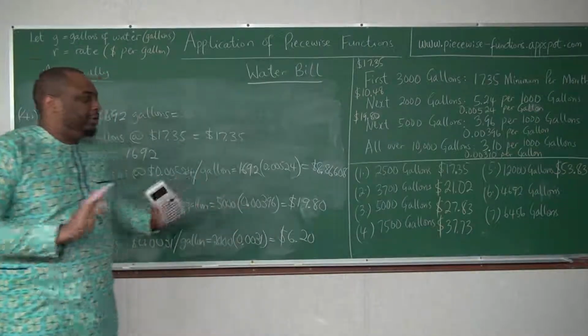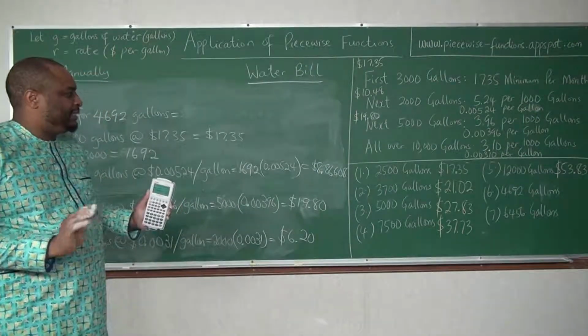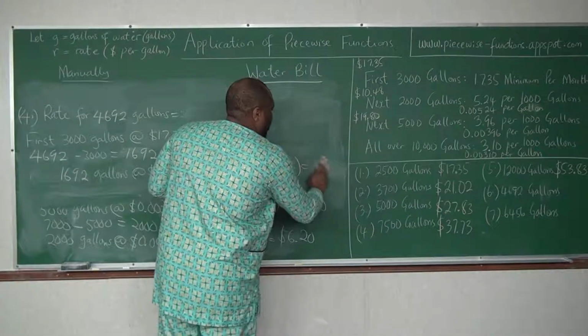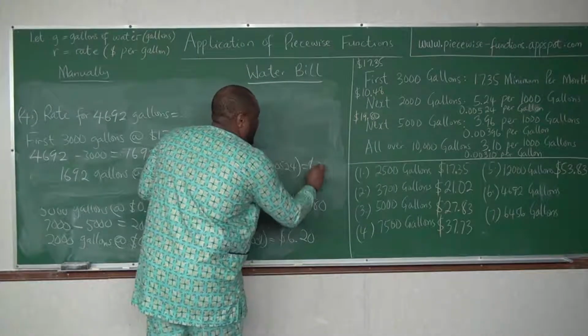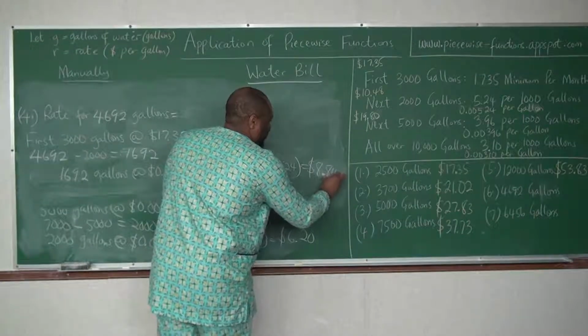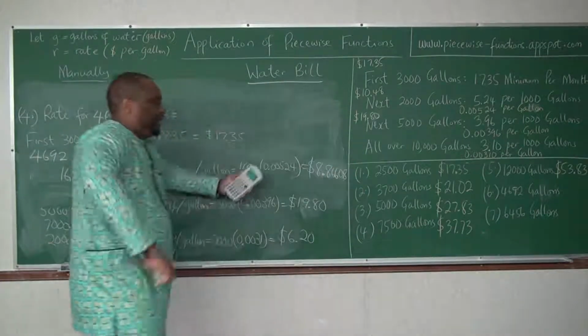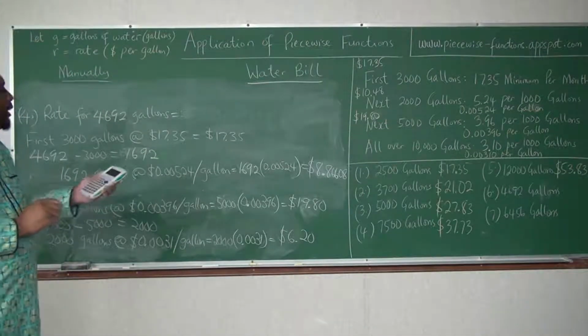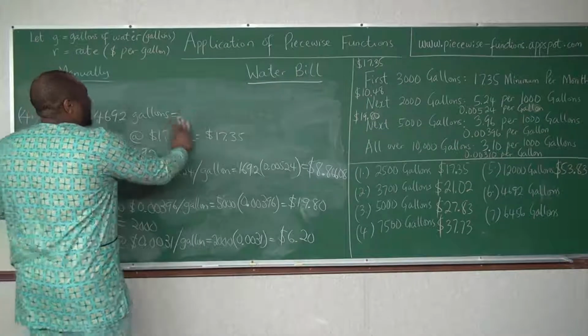Please don't round. Do not round yet. So you now add this $17.35 plus 8.86608.